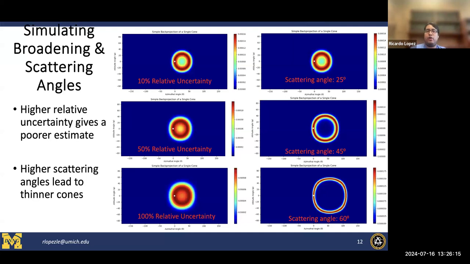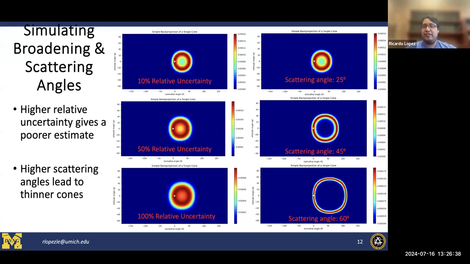At the topmost one, we have the case where we have about 10% relative uncertainty, which in most cases you can think of as pretty good in terms of uncertainty in actual measurement. Right below it, we have 50% relative uncertainty. And then at the bottom, we have 100% relative uncertainty.